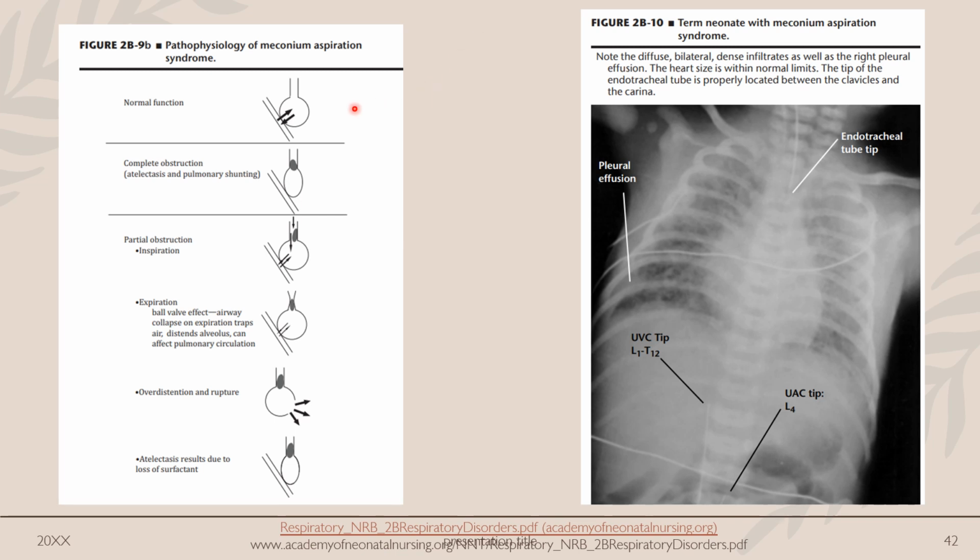You can see in this diagram here, normal functioning alveoli, good blood supply, nice and open, gas exchange, no problem. With a complete obstruction, you've got a meconium plug right in here, can't get air in. So you've got a ventilation problem. Doesn't matter that your blood flow is great. If you can't ventilate, you can't get good air exchange.